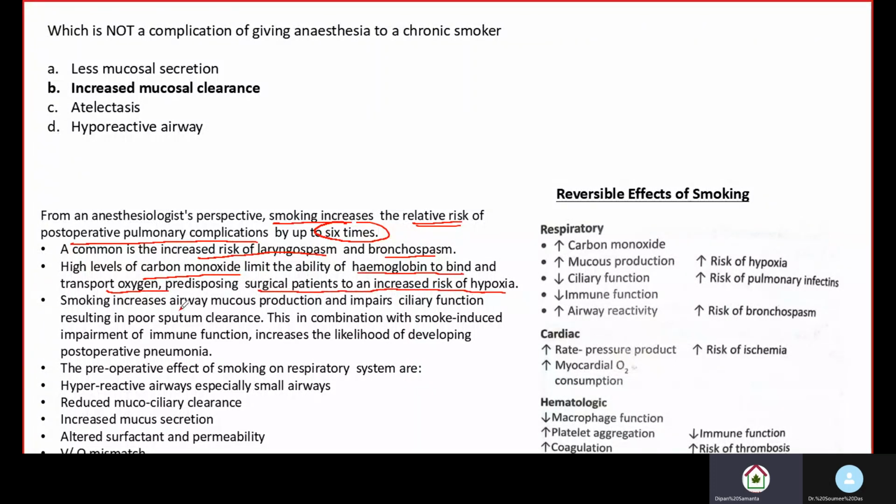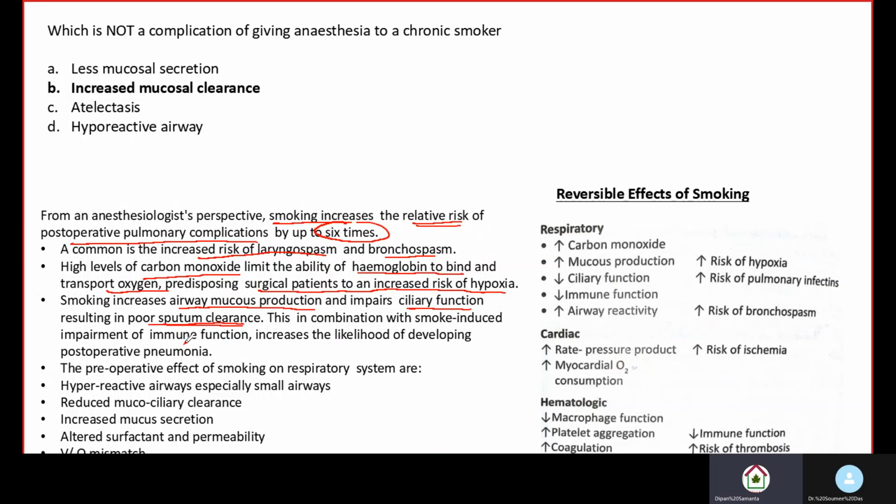Smoking increases airway mucus production and impairs ciliary function, resulting in poor sputum clearance. This, in combination with smoke-induced impairment of immune function, increases the likelihood of developing postoperative pneumonia.